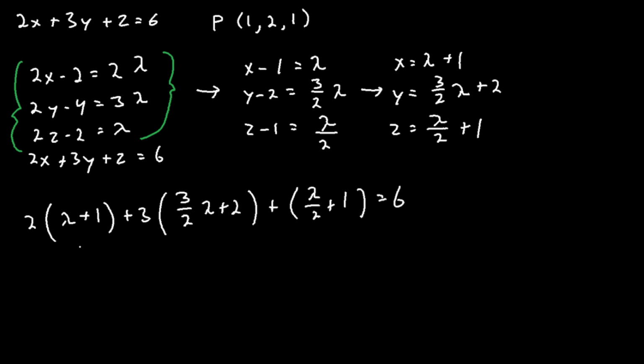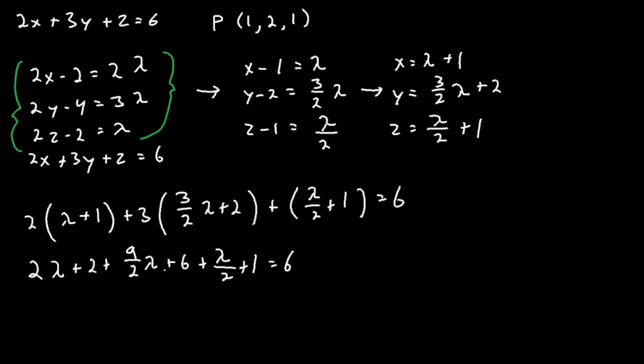Let's expand everything and combine like terms. This is 2 times lambda plus 2 plus 9 over 2 lambda plus 6 plus lambda over 2 plus 1 is equal to 6.